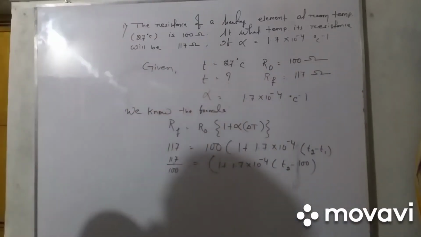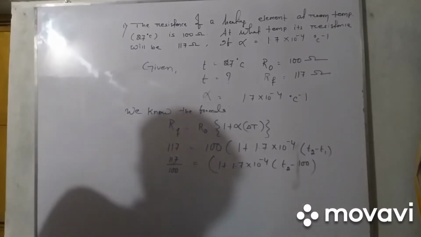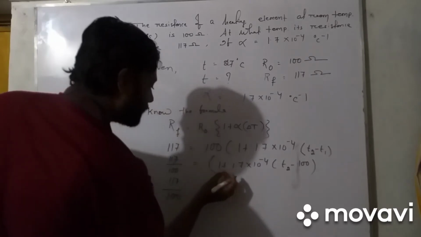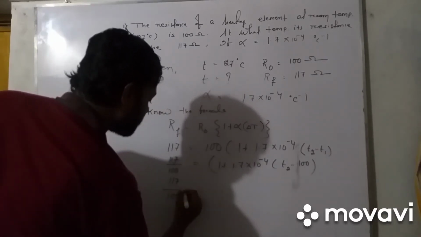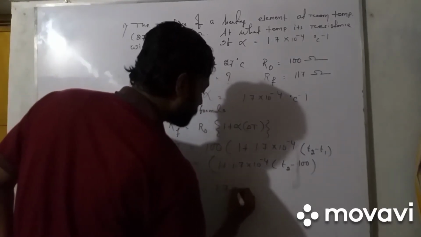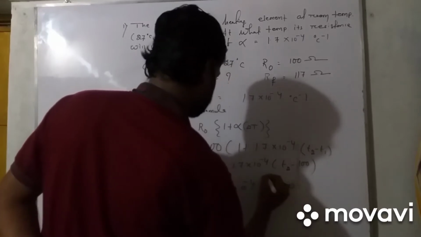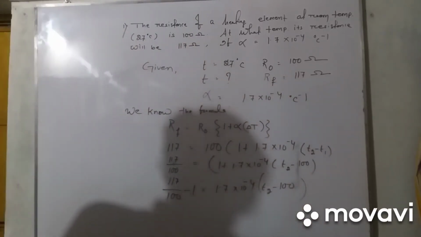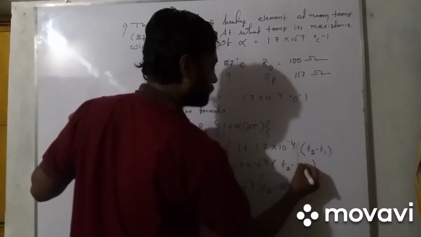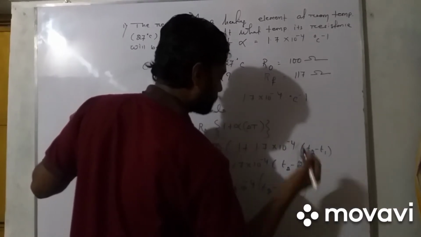Clear? Okay, so in that case we can write 117 by 100 minus 1 equal to 1.7 into 10 to the power minus 4 into T2 minus T1. Sorry, T1 is 27, I mistakenly wrote 100, that is 27 degrees Celsius.